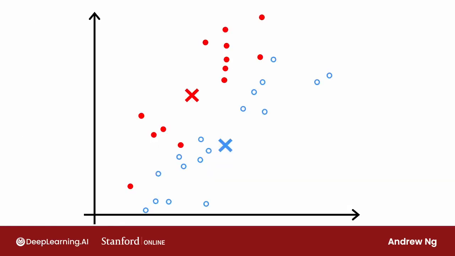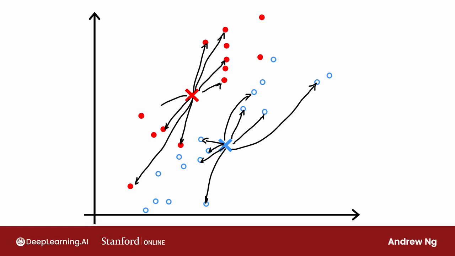Visually, here's what you saw partway into the run of k-means in an earlier video. And at this step, the cost function, if you were to compute it, would be to look at every one of the blue points and measure these distances and compute the square. And then also similarly look at every one of the red points and compute these distances and compute the square.